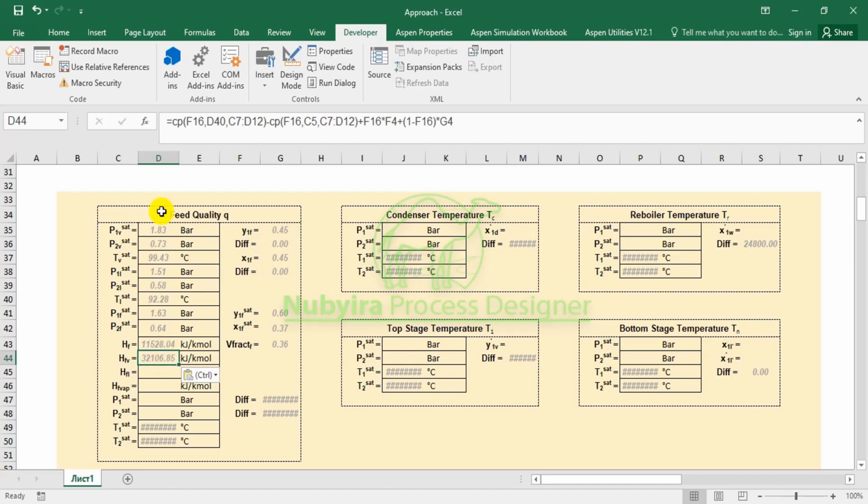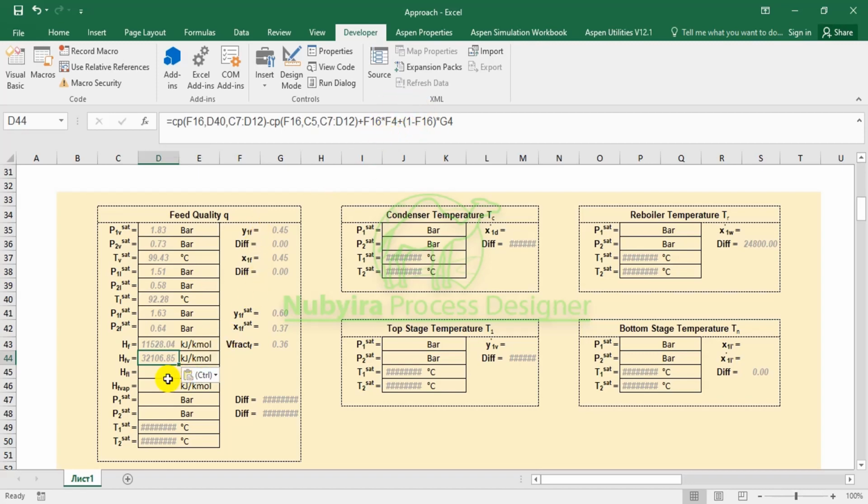For the vapor, we have the enthalpy of the feed, then the heat of vaporization. So it's going to do this at the temperature of the system minus reference temperature, then the enthalpy of vaporization contribution.